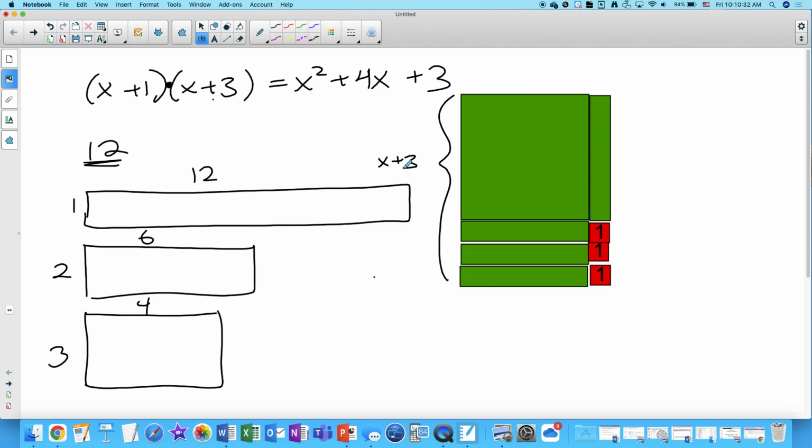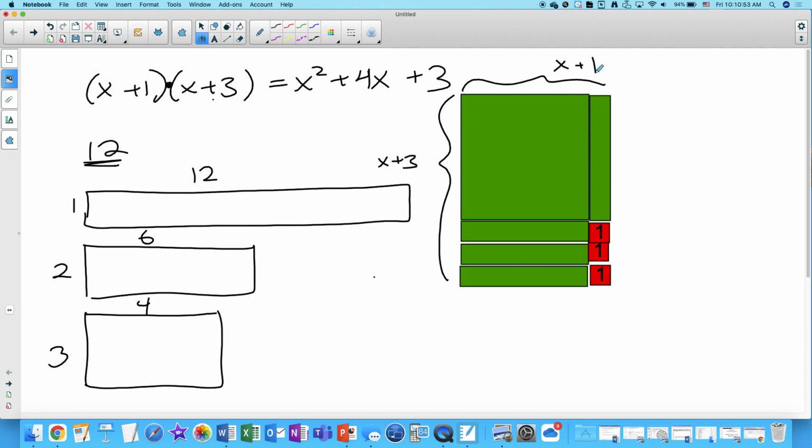And this side length over here is x plus 1. And those were the two factors that we started with. When we multiplied them out, we ended up with x squared plus 4x plus 3. Okay, so we're going to start with that one.